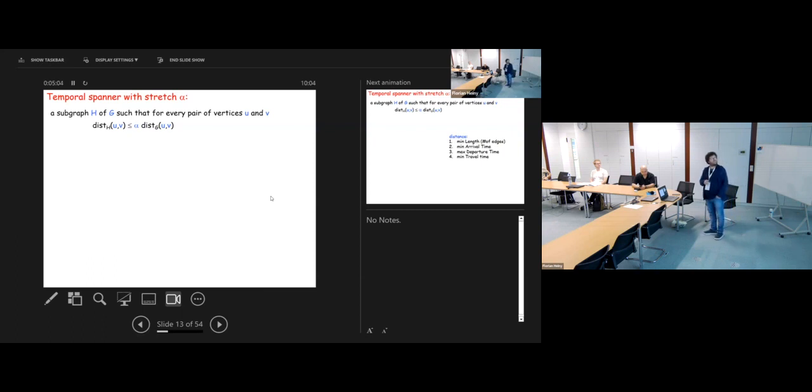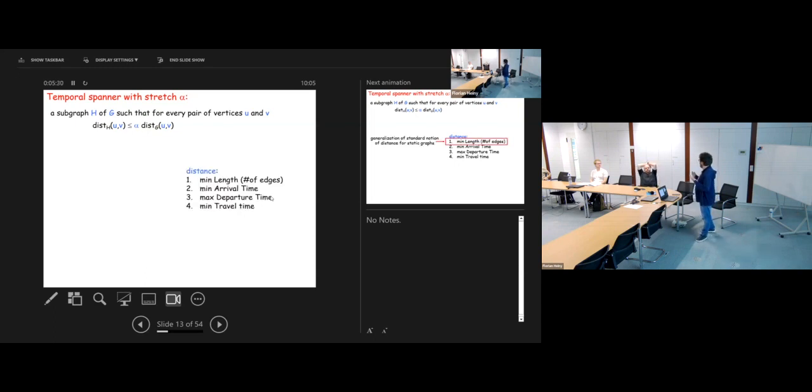More formally, it's a subgraph H in which for every pair of vertices U and V, the distance in the spanner from U to V is at most alpha times the distance in the original graph for the same vertices. Okay, but what do we mean by distance in a temporal graph?